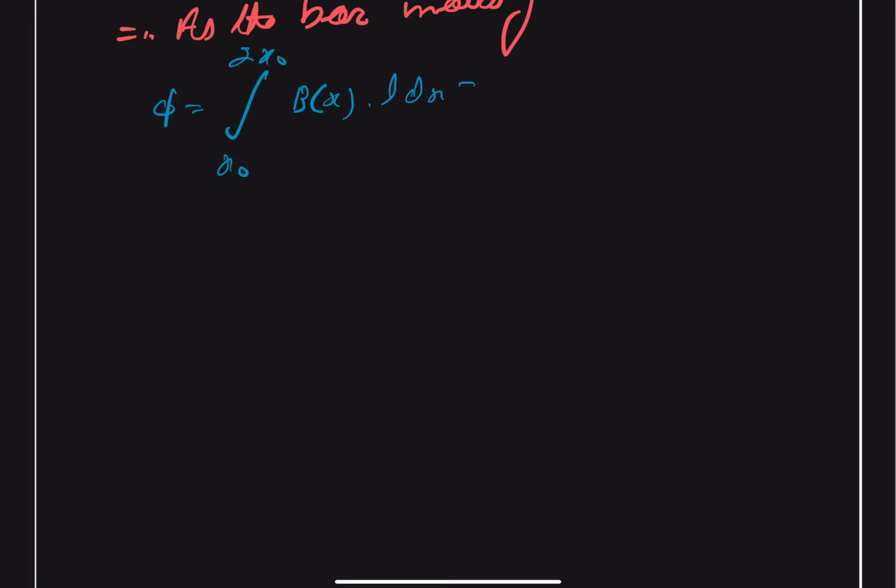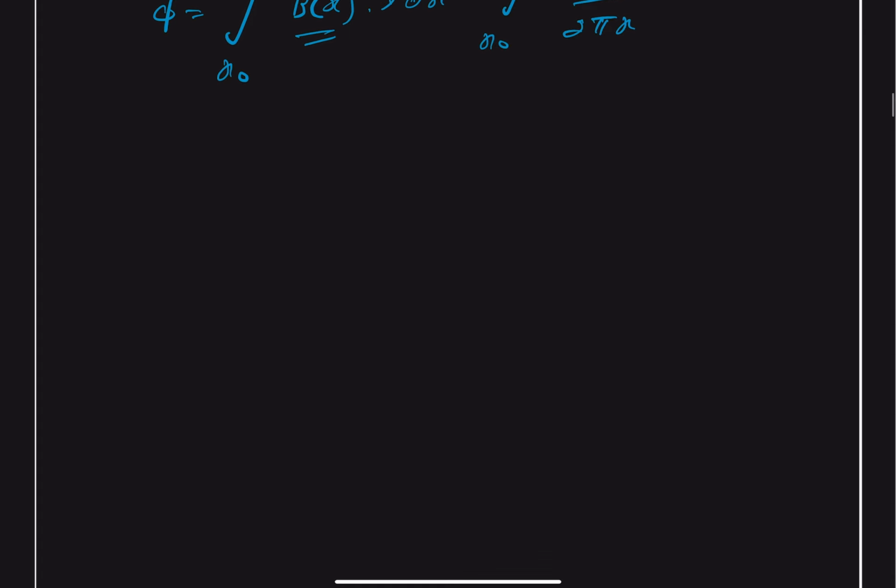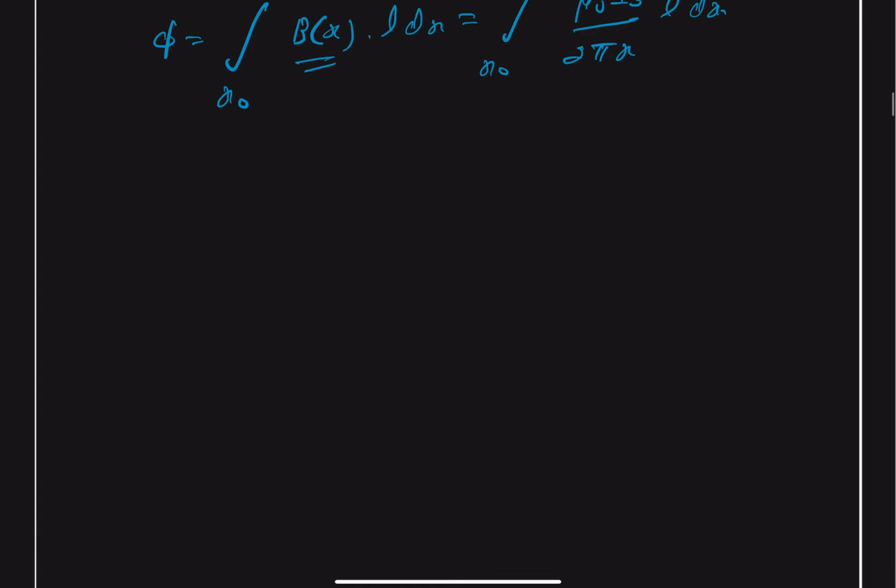And we already know the value of this B, so we can write this as the integral from x naught to 2x naught of mu naught I naught divided by 2 pi x, and this is L dx. So we can just solve it.